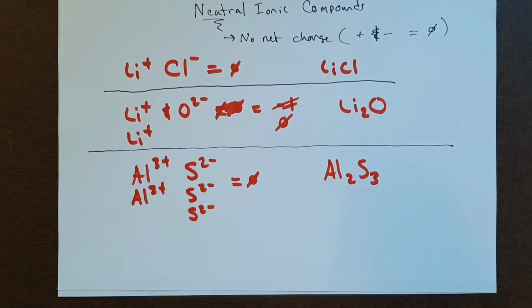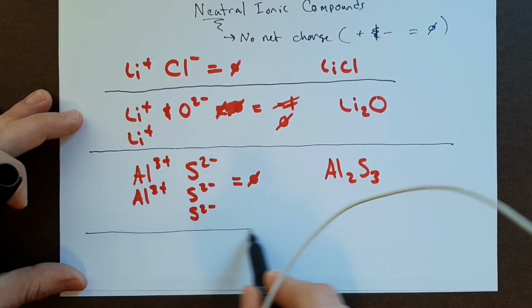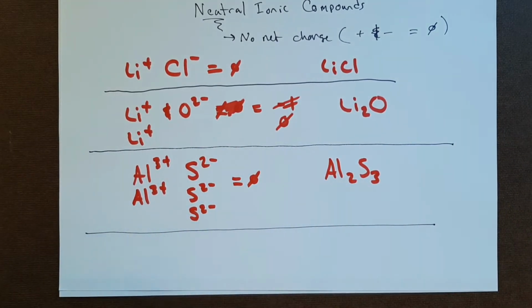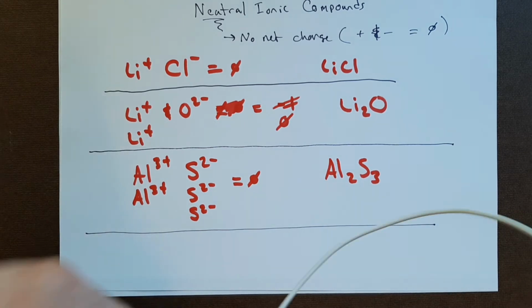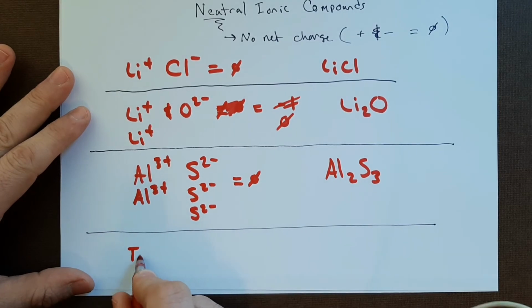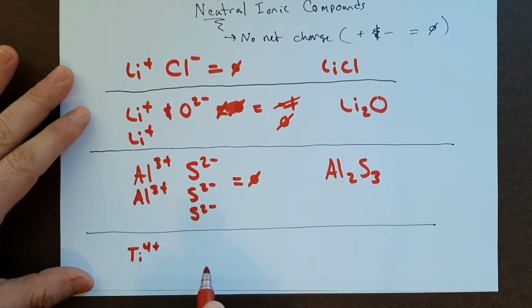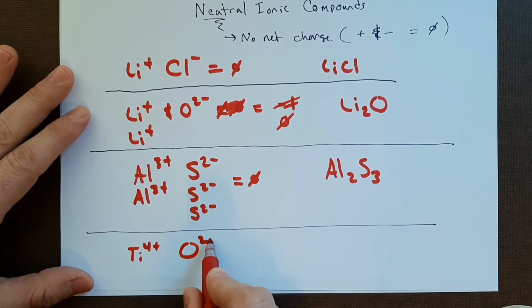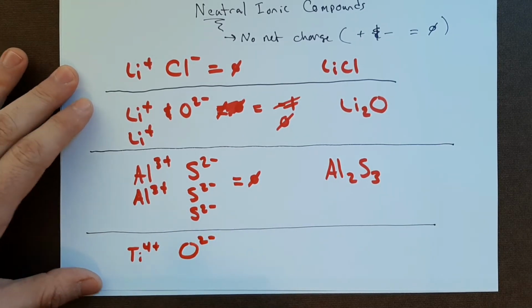Let's try one more. So this one's going to be a little weird. We're going to use a transition metal that can have a charge of 4 positive. So titanium with a 4 positive charge combining with oxygen with a 2 negative charge.